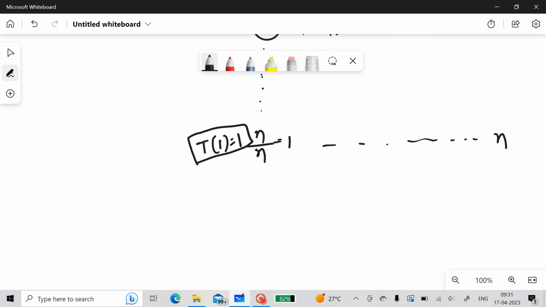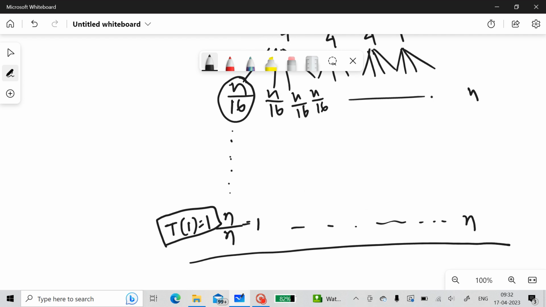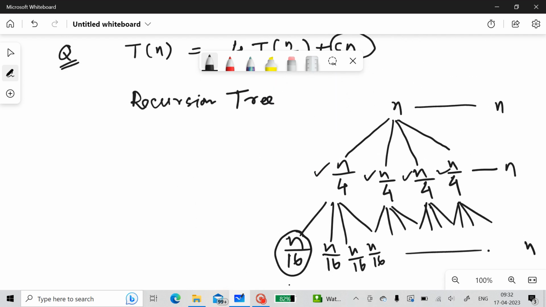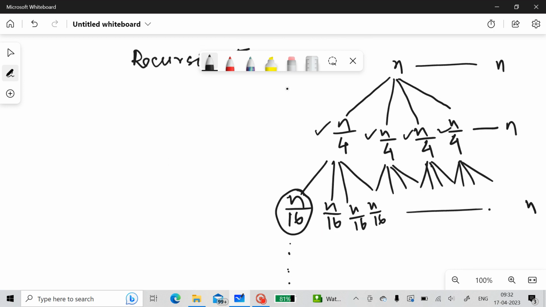Now how will you compute the whole time complexity? Let's see the number of levels. Because you are splitting the input into 4 subparts, the branching factor of your tree is 4.